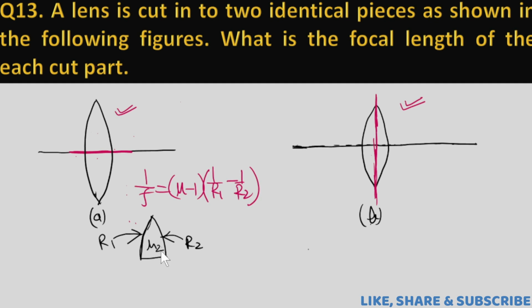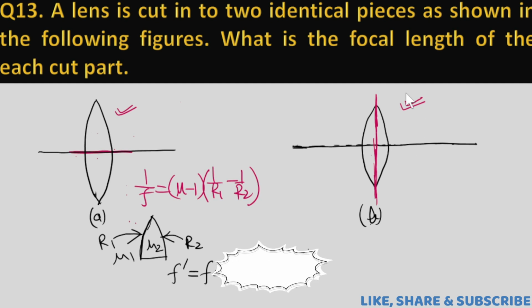Even mu2 and mu1 are unchanged, and that is why we expect the focal length of the cut part of the lens to be the same as the focal length of the original lens. Means f dash is the same as f.